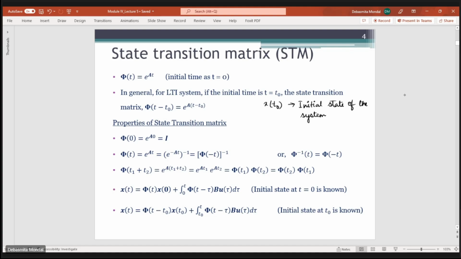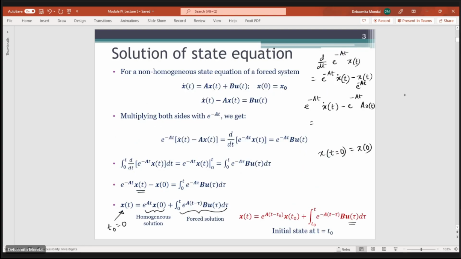Okay. Now similarly, if you write the expression for the solution of the state equation, that is x(t), you can write x(t) is equal to phi(t). Here we have seen that x(t) is equal to e to the power At, so e to the power At we will substitute by phi(t). Then we'll have x0 plus the integral from 0 to t.